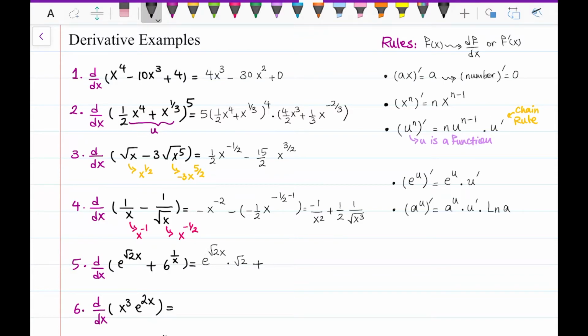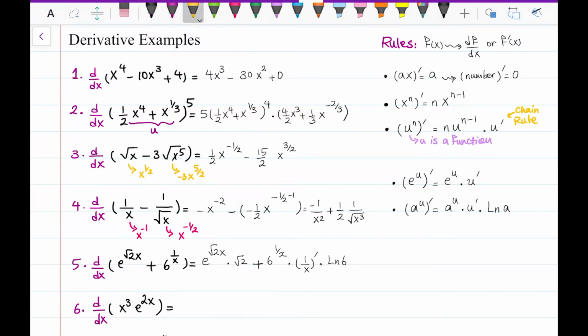And then plus, I have a number to the power of a function. Derivative would be the number, which is 6 to the power of 1 over x, times derivative of 1 over x, times ln of 6.